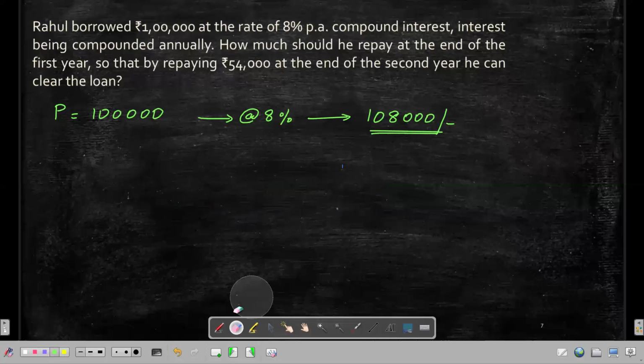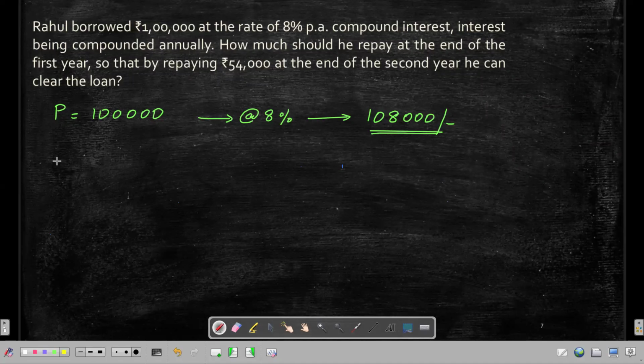Okay, now what is happening? This guy is paying the first installment, I would rather call it that way. He is paying that first due here. 1,08,000 was the outstanding at the end of the first year. He is paying some X rupees at the end of the first year.